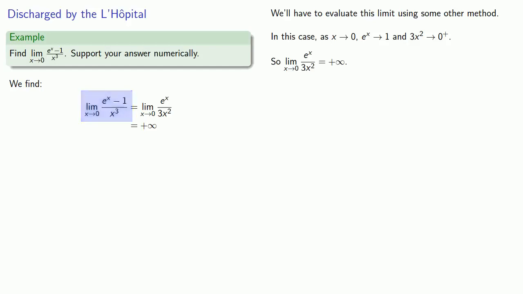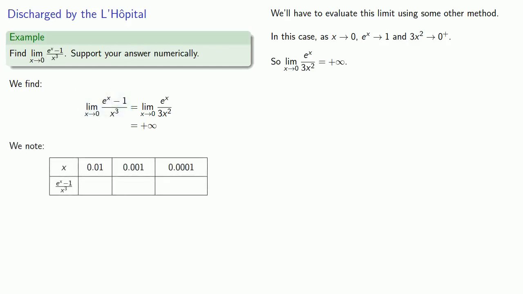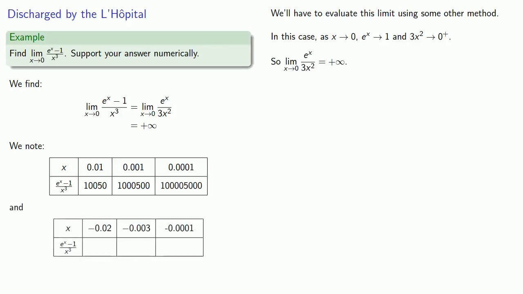So we'll try out some x values that are close to 0 and see what our expression is. And since all of these x values are positive, we'll take a couple of negative x values and mix it up a little bit. And we see that this does make it appear that as x gets close to 0, our function values do get close to positive infinity.